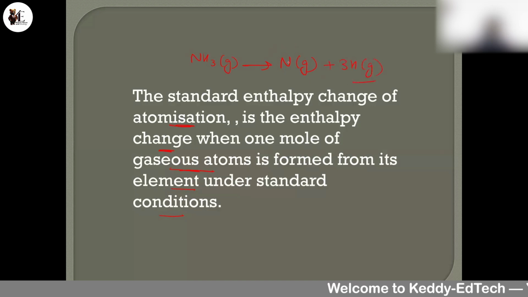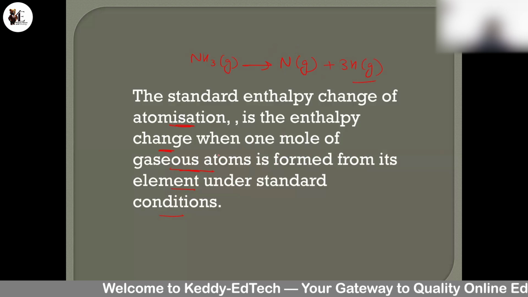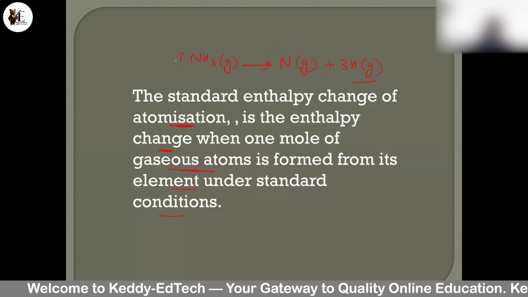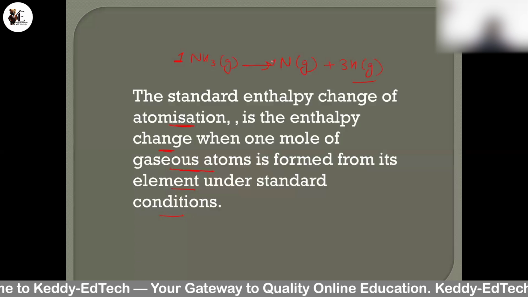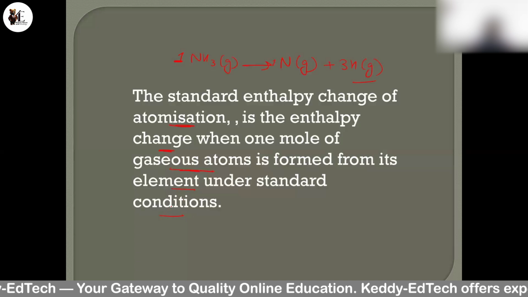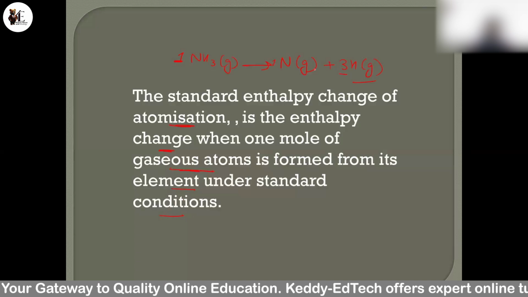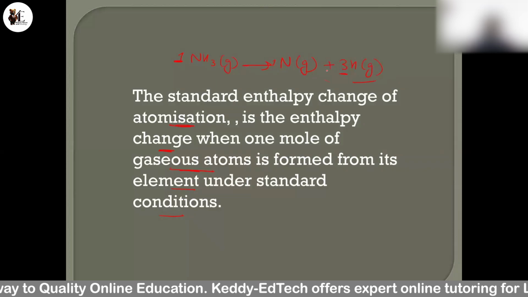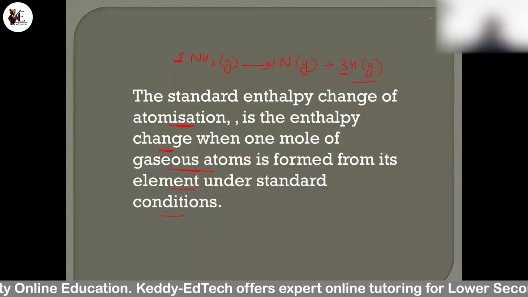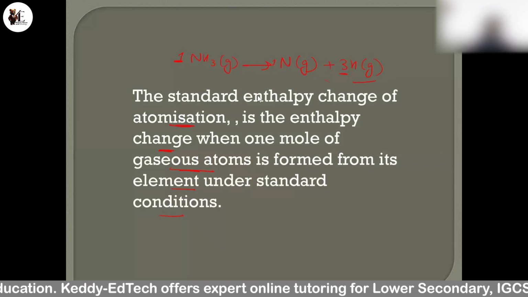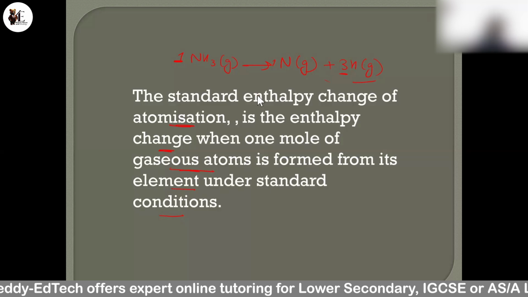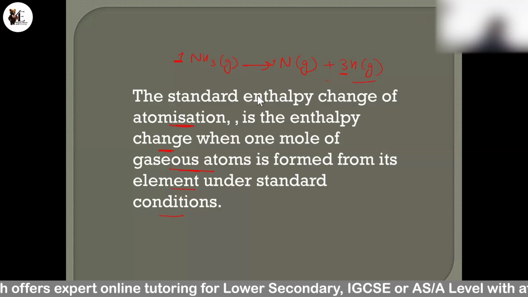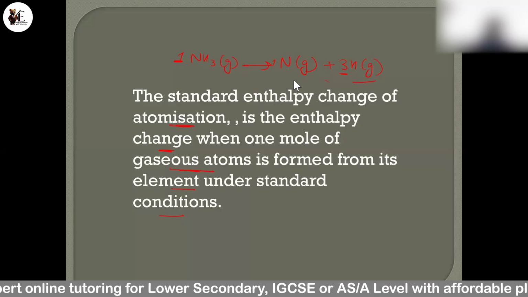So this enthalpy is known as enthalpy of atomization. This should be 1 mole of gaseous atoms, formed from its element under the standard condition. This 3 is for balancing. Write down. I'm done.